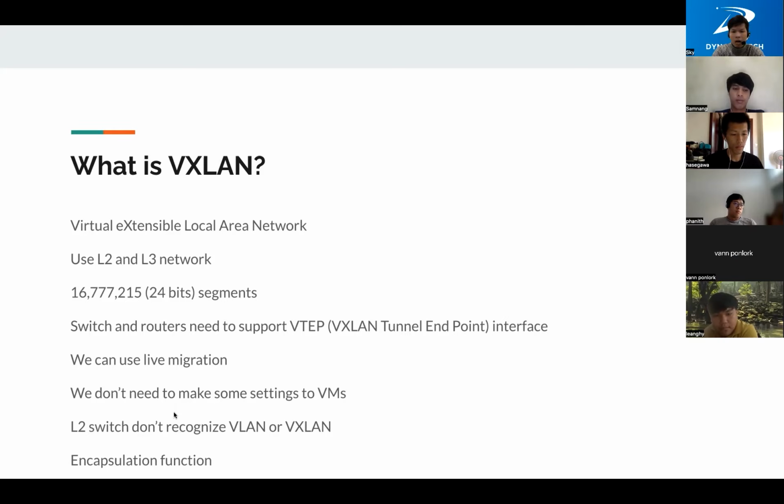It means L2 switches don't recognize VLAN or VXLAN. We just set up L3 switches or routers, or the settings of the data center.